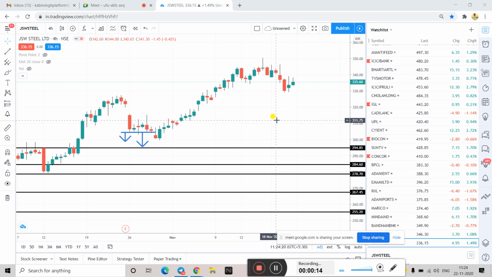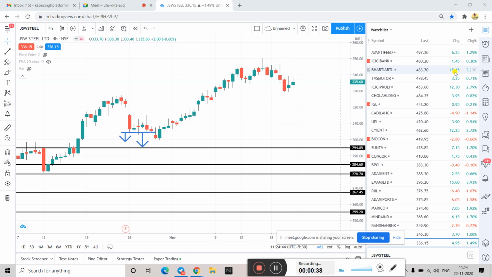Before trading in an index, you should have a little bit of trading experience. You cannot trade in an index directly, because the risk involved there is quite a lot higher compared to other things. The lot size is already fixed, and you cannot reduce that.